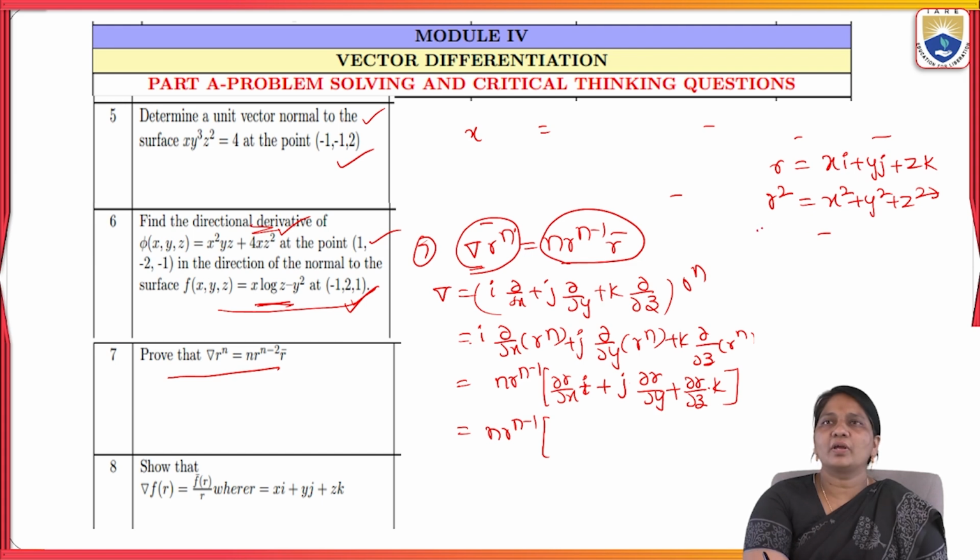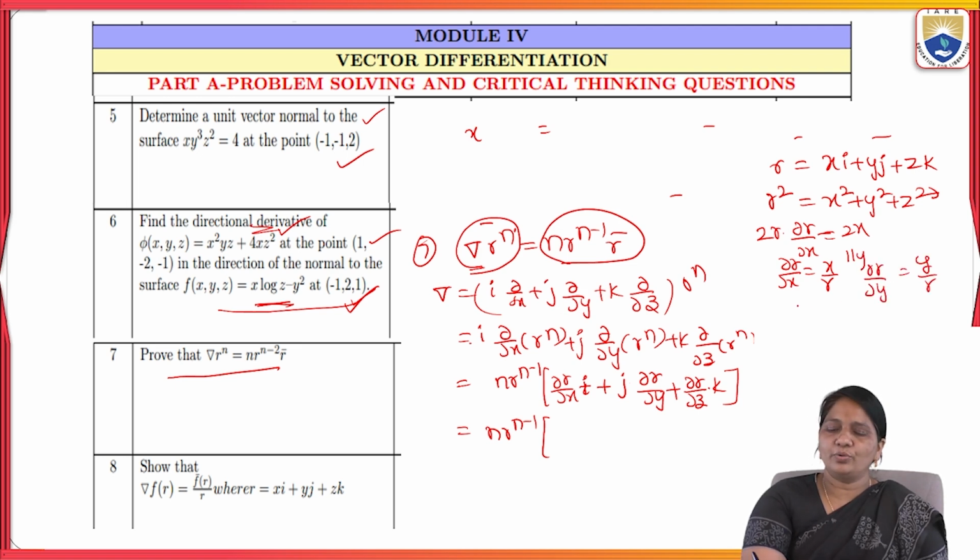So now we are writing here 2r ∂r/∂x is equal to 2x. So finally ∂r/∂x value is x by r. Similarly ∂r/∂y value is y by r and ∂r/∂z value is z by r. So we are using these values.